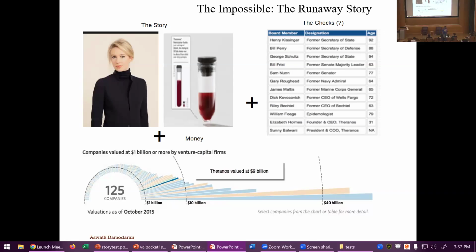You have George Shultz on there, ex-Secretary of State. You had, I think it was James Mattis, who was the Secretary of Defense between 2016 and 2018. Connections to governments, to defense contractors. Weird board for a blood testing company, but it's very connected.